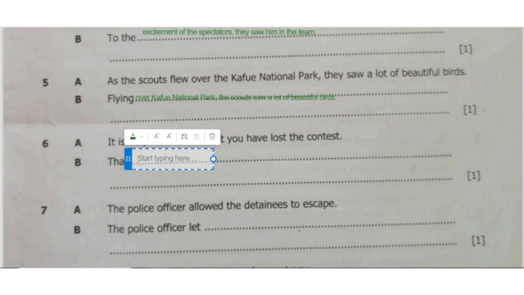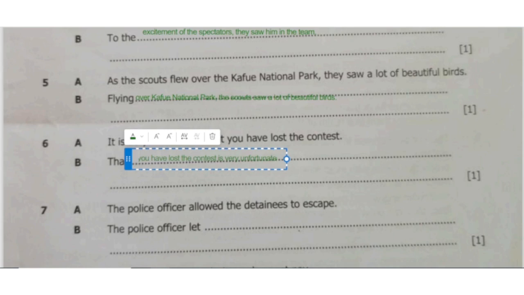That you have lost the contest. That you have lost the contest is very unfortunate.